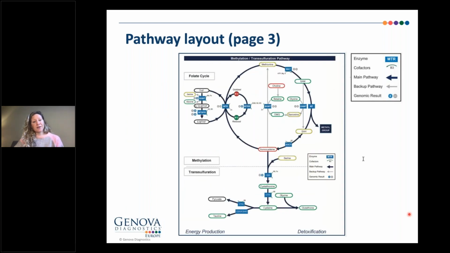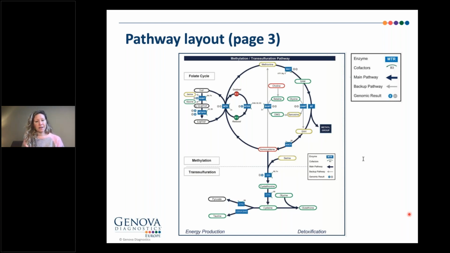Finally, on page 3, we have the patient's biomarker results and their genomic results all displayed together in the pathway format. It's quite helpful, when you're communicating to your client or patient the various imbalances that could be occurring, to use this page, because you get to look at it from a bird's eye point of view.